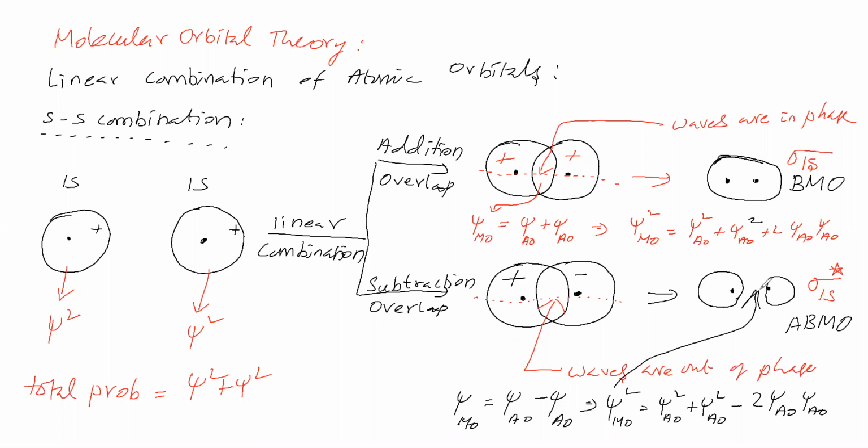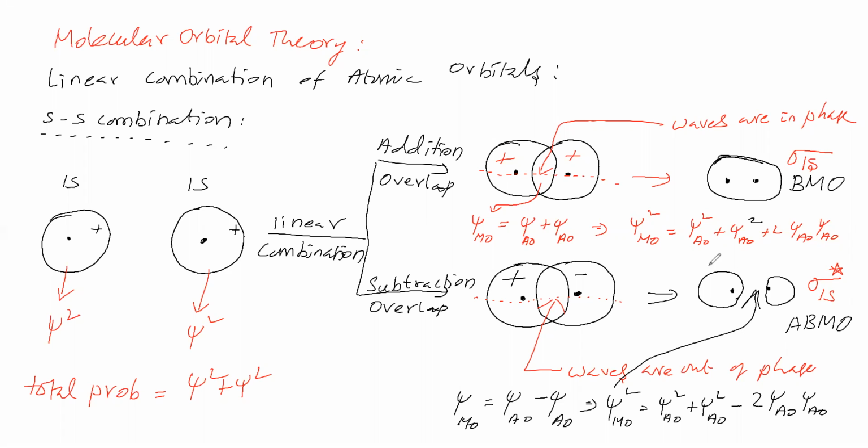Here the probability of the electron cloud is less than this total probability. Therefore, it is not favorable for bonding. Why? Because here the probability is less than the total probability of these two atoms. So this situation indicates it is not favorable for bonding. Therefore, this molecular orbital is called an anti-bonding molecular orbital, and we mark it with a star.